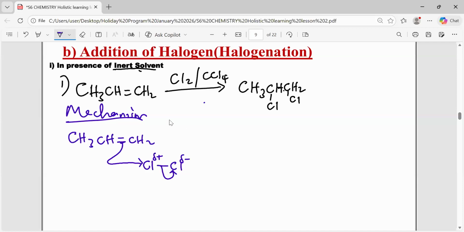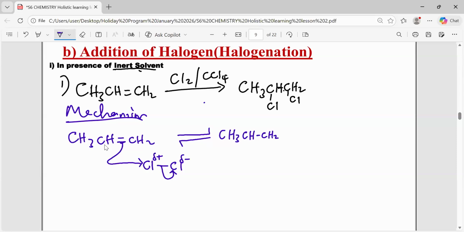Then we now have our alkene again, but with the other chlorine that was positively charged attached to it. This chlorine atom is going to attach to which carbon atom? To carbon atom 2, the second one.